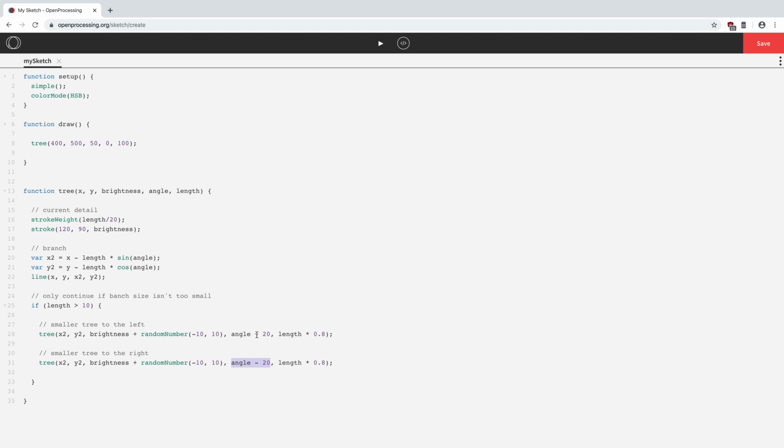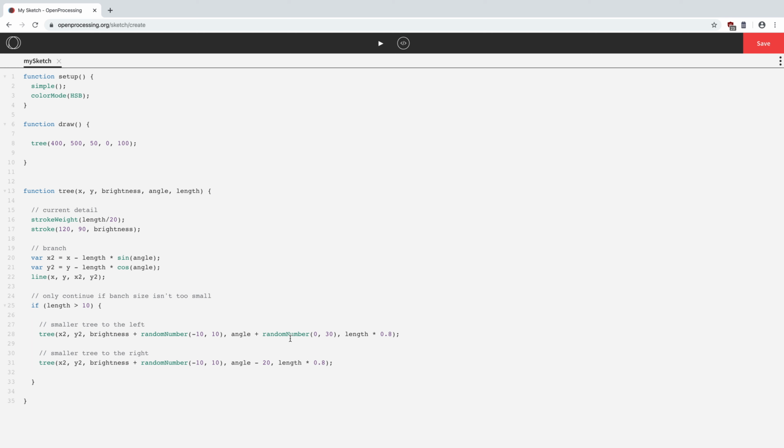Let's randomize that. So we'll say plus random number between two values. Now what would they be? We want this one to go to the left a bit, so it's 0 and something. So what this means is the angle will get bigger because the random number is between 0 and 30.